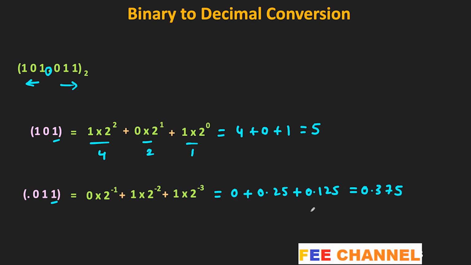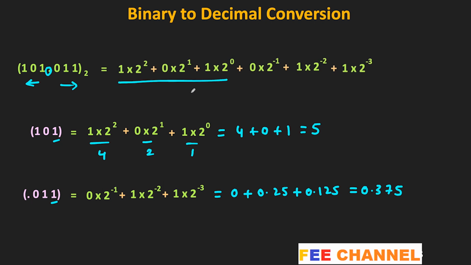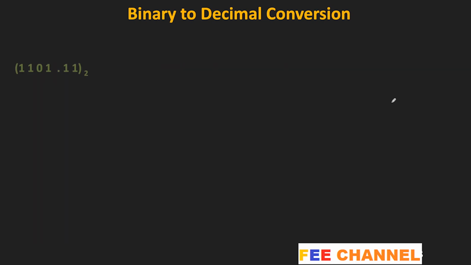So, the summation is equal to 0 plus 0.25 plus 0.125. That is equal to 0.375. That means for the given binary number, the decimal equivalent is the summation of all these terms. That is equal to 5 plus 0.375, which is equal to 5.375.